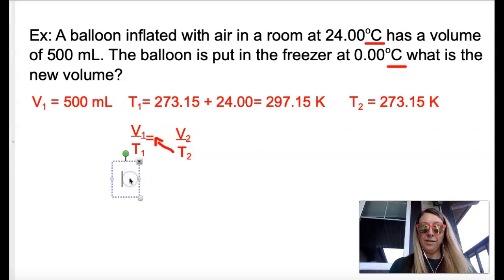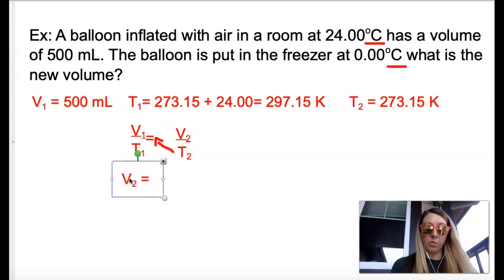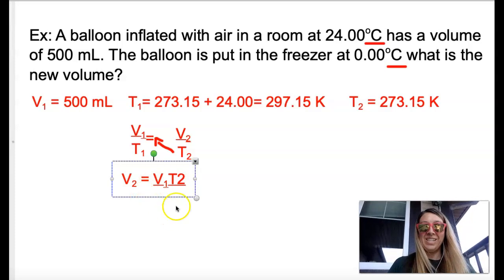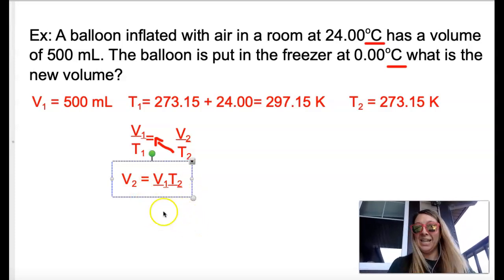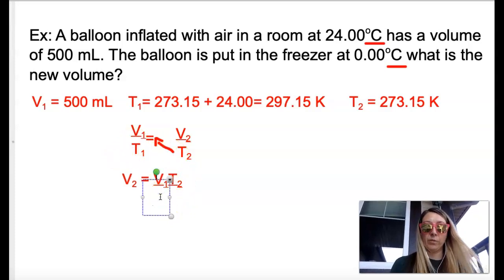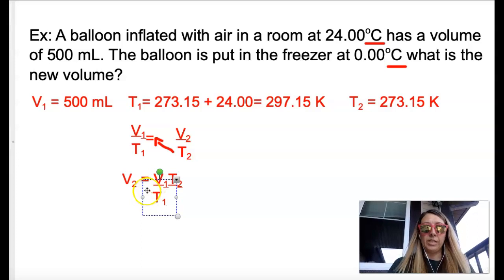Once we do that, we come up with V2 equals V1 T2, not T1, sorry, T2, and that does definitely tend to be a common mistake. We want to put the 1s together and the 2s together. You have to be careful in this unit that you don't always do that. Sometimes we do and sometimes we don't. It really depends on how the equation needs to be rearranged, and that would be over T1.